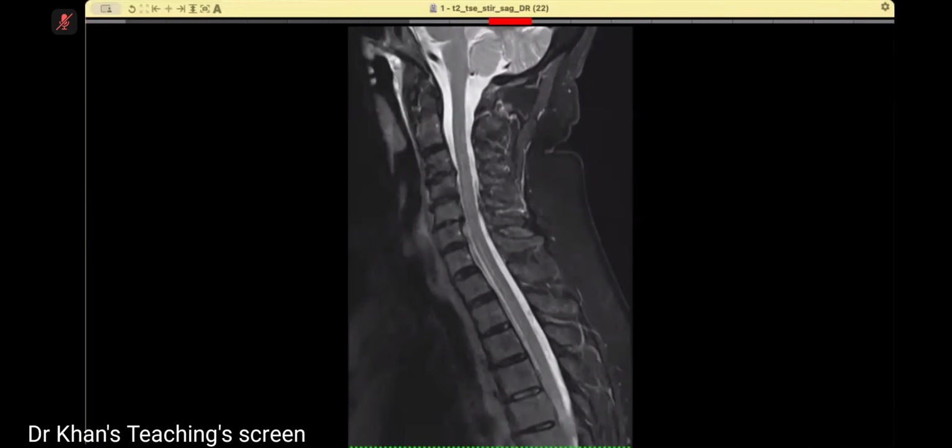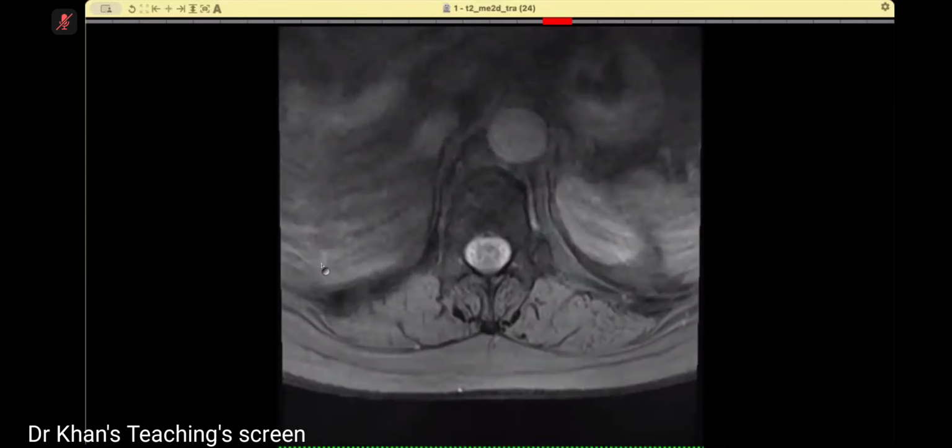Right. So as far as your second finding, the first finding is concerned, is my mouse visible to you? Yes, it is, sir. So this thing, what can it be where I'm pointing out? So it is low on T2.